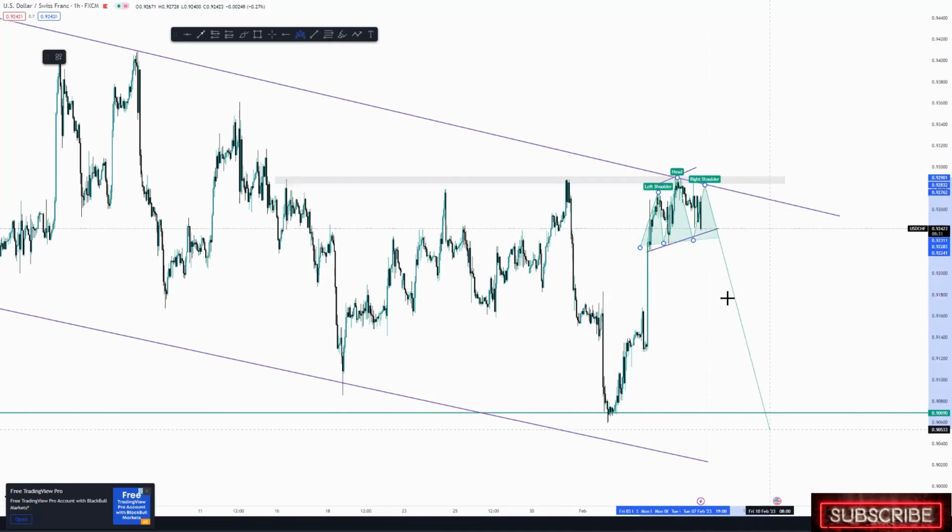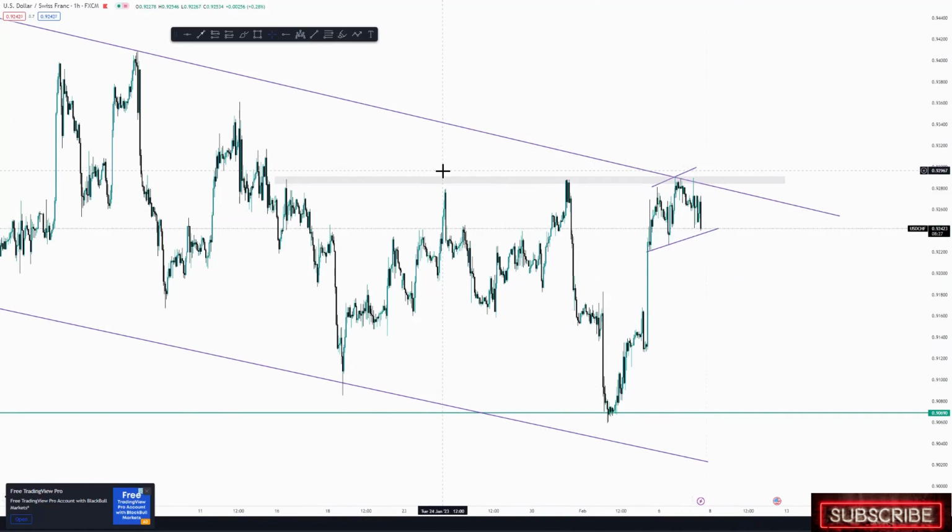So if it does sell, it would make a lot of sense, considering the fact that we have 3 points of confluence. We have the resisting trend line, we have a resisting level, we have an ascending channel or a corrective structure at those 2 key levels, right?